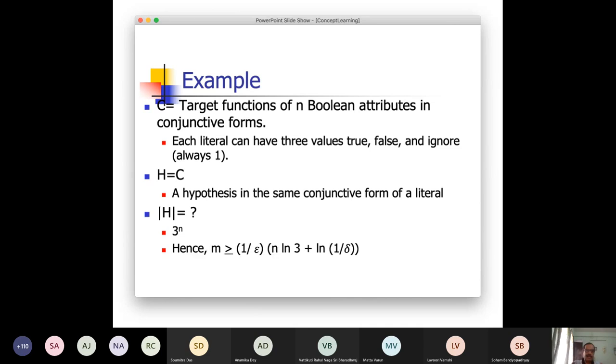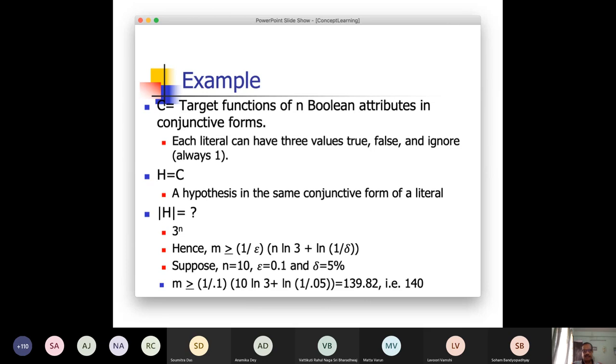So the hypothesis space size is 3 to the power n, and if I consider the size of the training set, then for given epsilon, delta, and n, it should be greater than or equal to this, with these relationships. And suppose there are 10 Boolean attributes, the errors are given such that epsilon is 0.1, and delta is 5%.